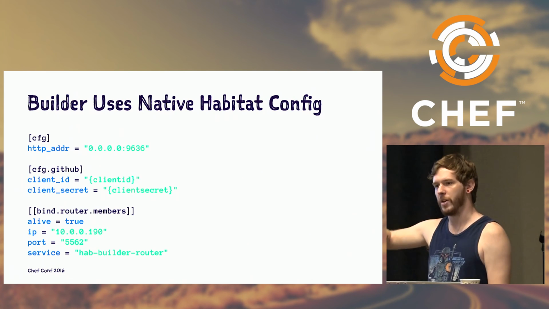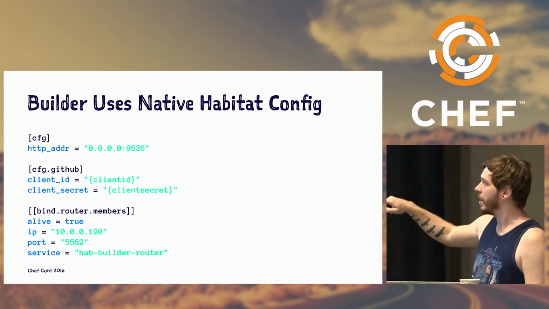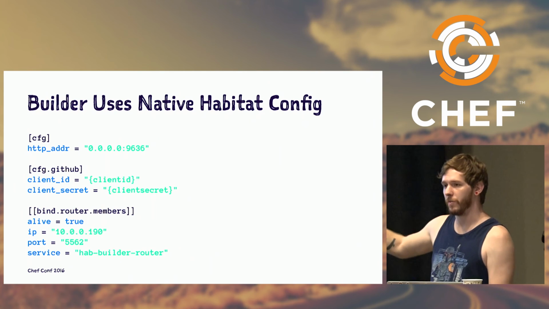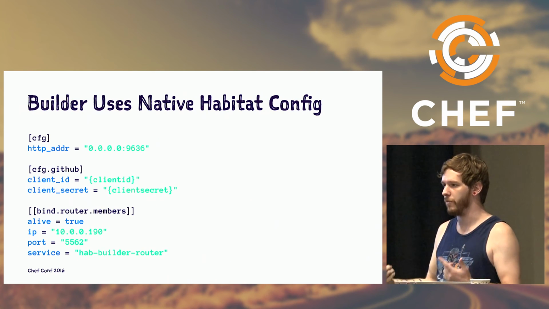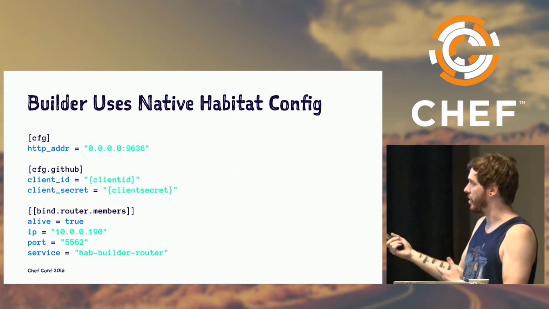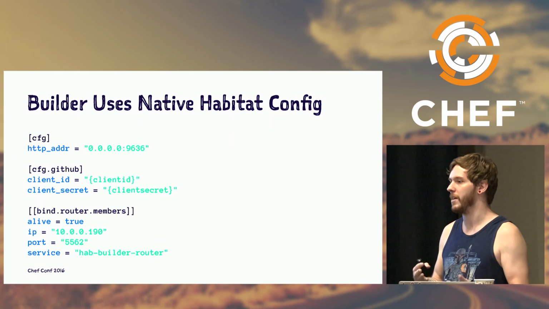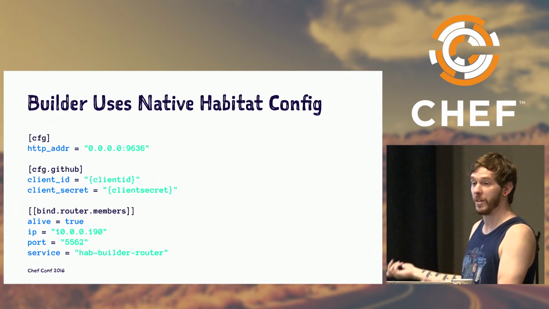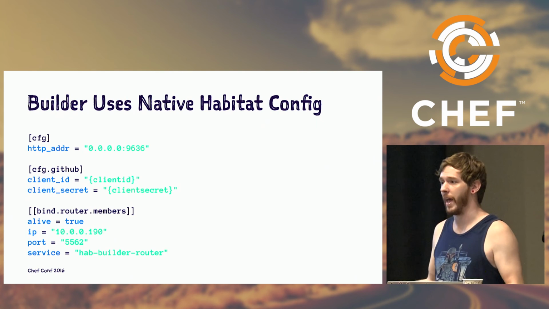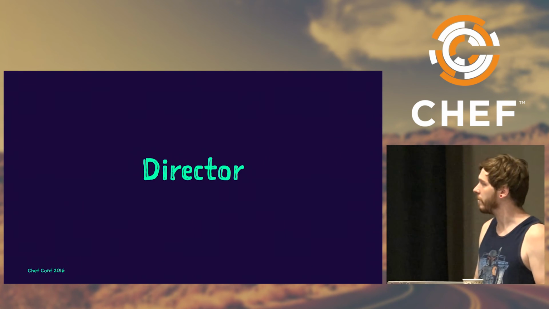That was found and written to our config file because of something that we call binds, where this service found more routers and will automatically configure itself on the presence of new routers. And by using the native configuration file, it made my plan template even simpler because I didn't need to have any sort of translation layer. This is not required, but it's really neat. If you're building services with Habitat in mind, your plan gets even simpler.